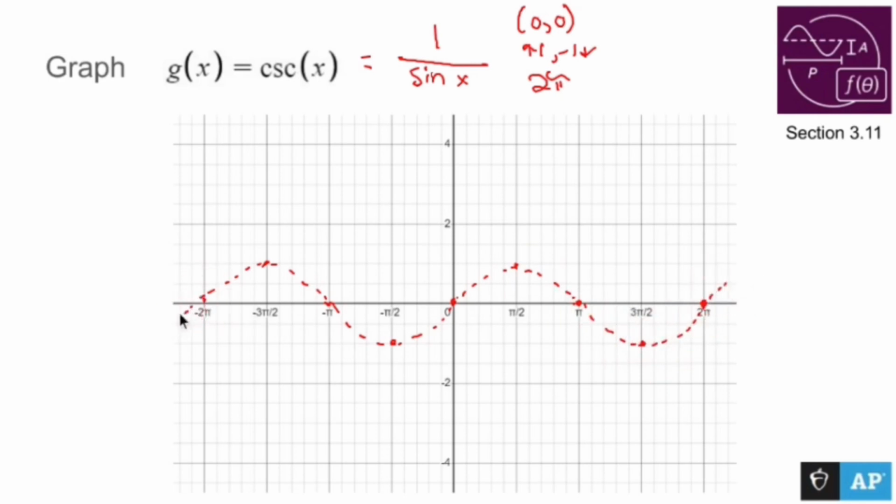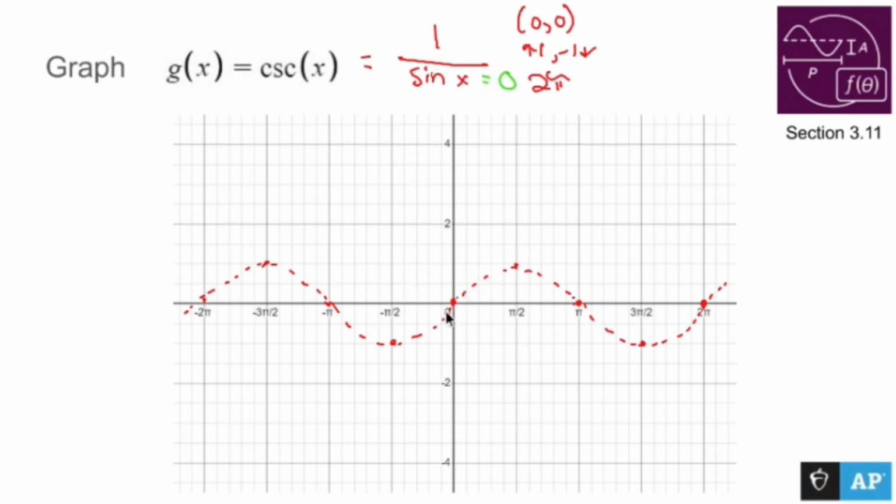Now, what's very important that I understand here is I have sine x in the denominator, which means there's going to be a point, literally several of them, where sine of x is going to equal 0. Whenever sine of x equals 0, that means cosecant has a vertical asymptote.